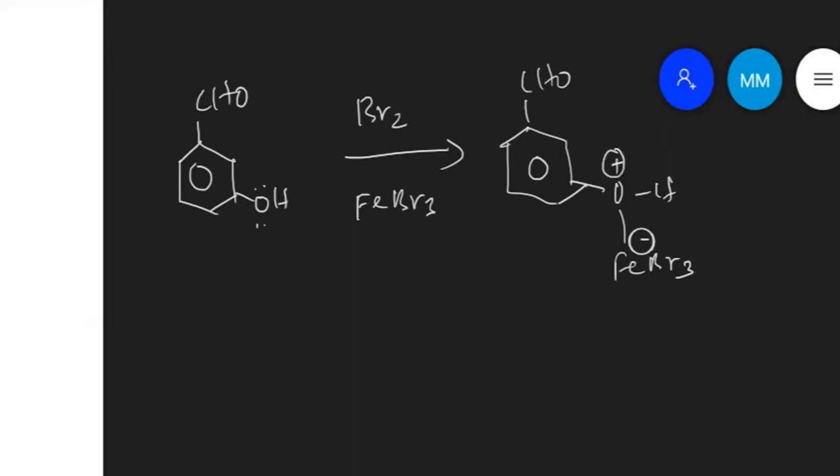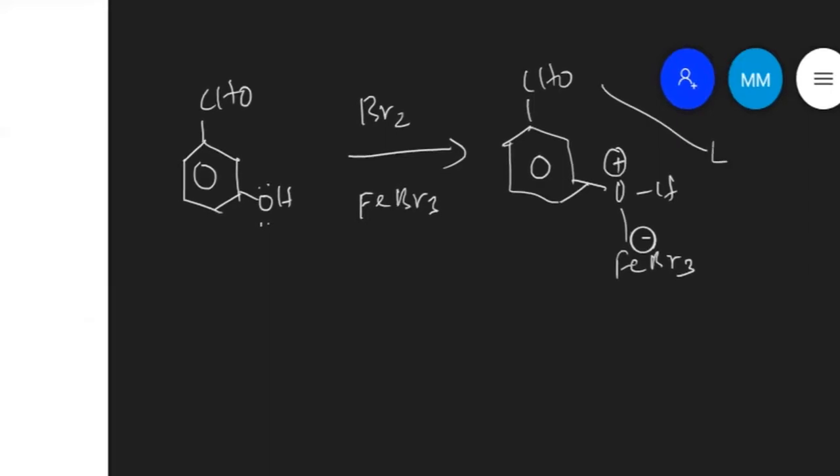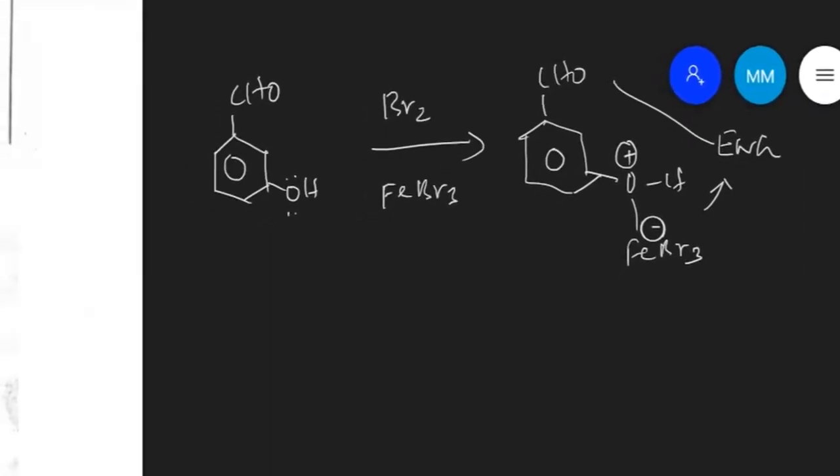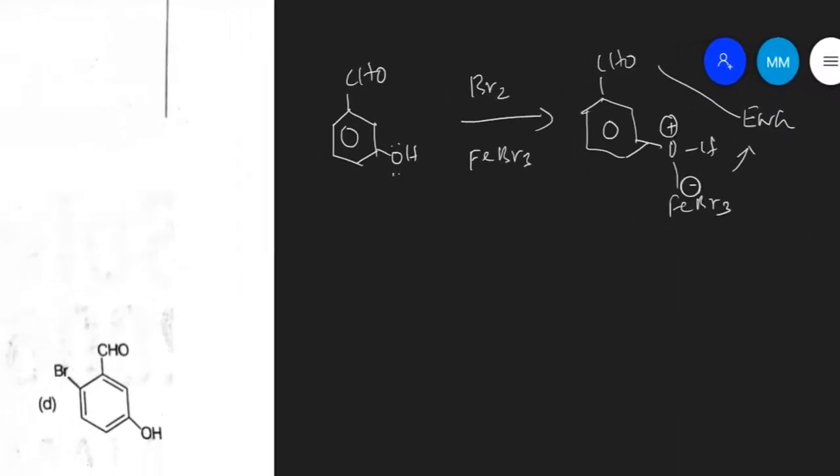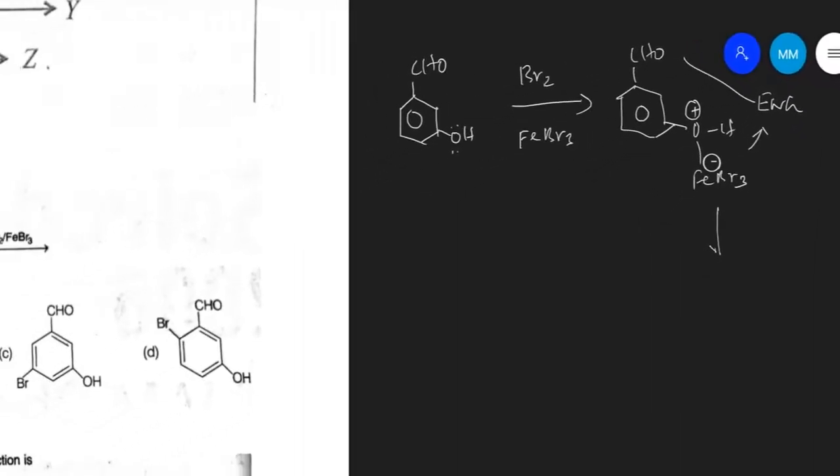The CHO is an electron withdrawing group, and this Lewis acid is also electron withdrawing. So both are electron withdrawing groups. When bromine is substituted, an electron withdrawing group directs to the meta position. So the meta position is placed in CHO.